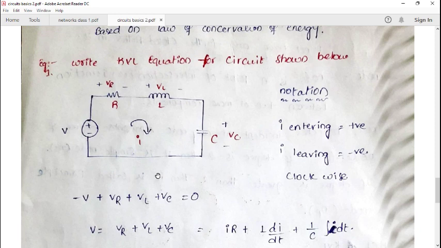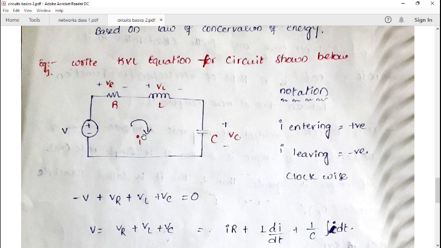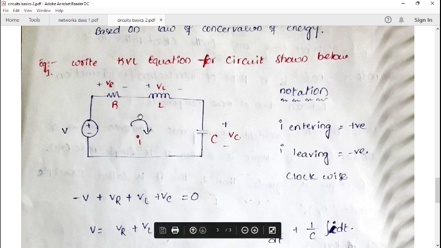Write down the KVL equation for the circuit shown below. There is a notation in writing the KVL equation. We'll follow the clockwise notation. Current entering is positive, current leaving is negative.